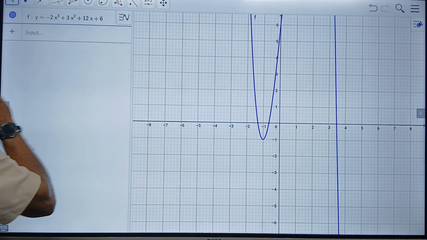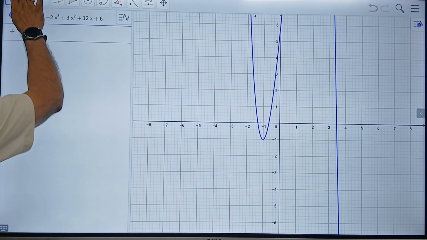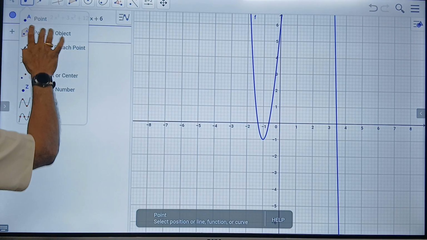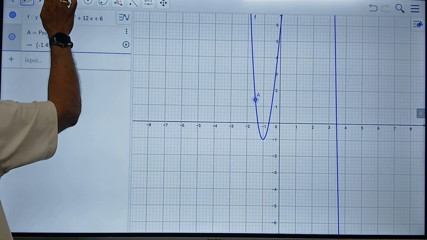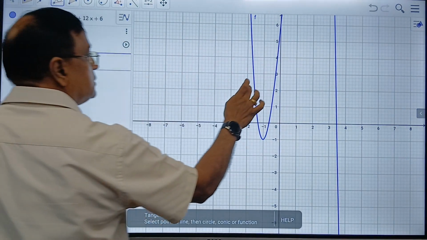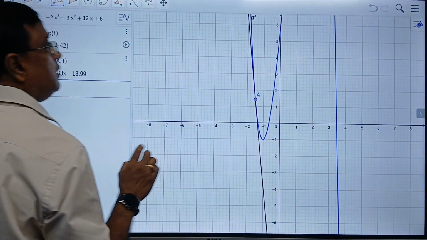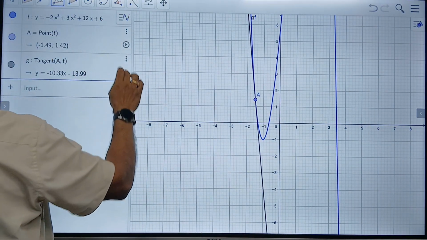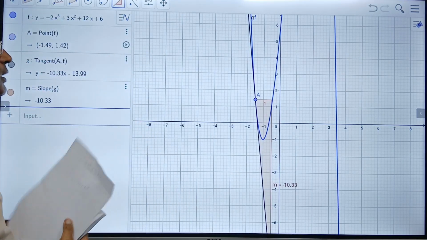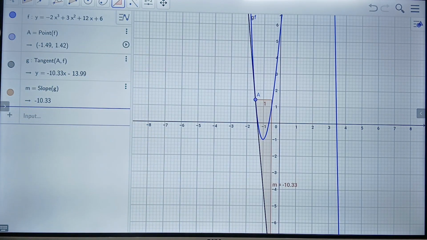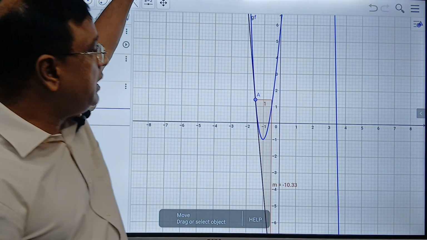Now what do you do? I'll take a point on the curve as usual. I'll just show you for 1 or 2 sums, then we need not do for all problems. Tangent, and I will find the slope. So you can see clearly the slope is negative. Where is it negative? From minus infinity.